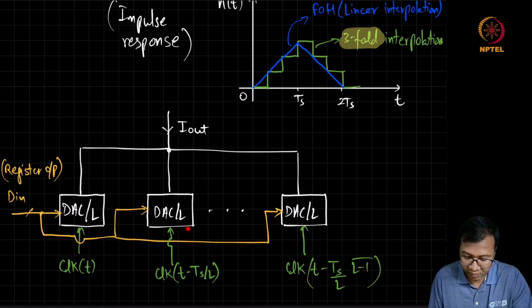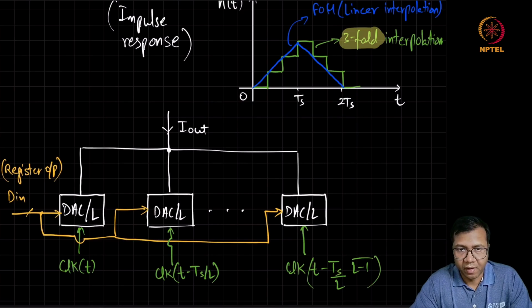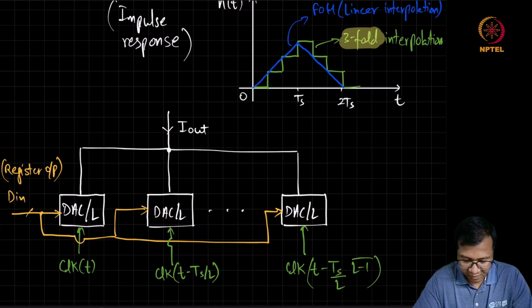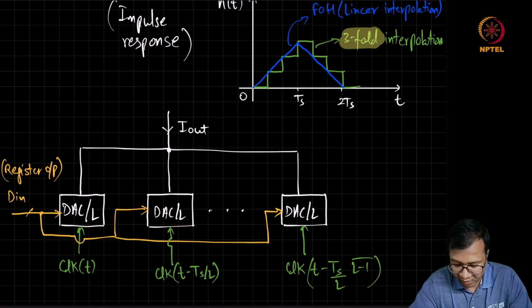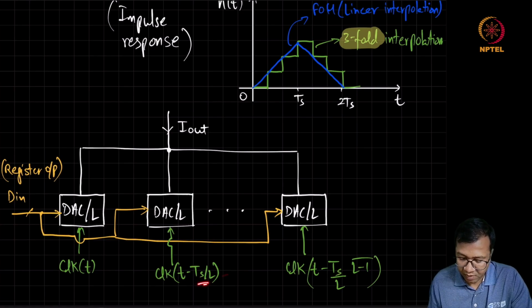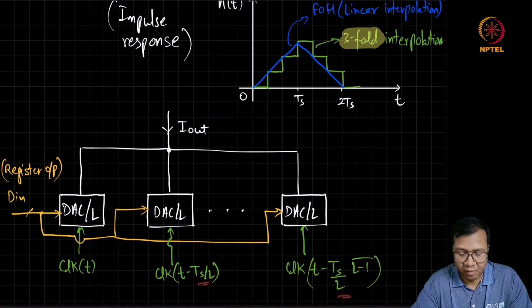So with this kind of simple structure, we can have a current steering DAC which is still taking a digital input, but now having various subunits which are clocked with different clocks, which all have the same sampling frequency as the digital input, just that they are all shifted by Ts/L.